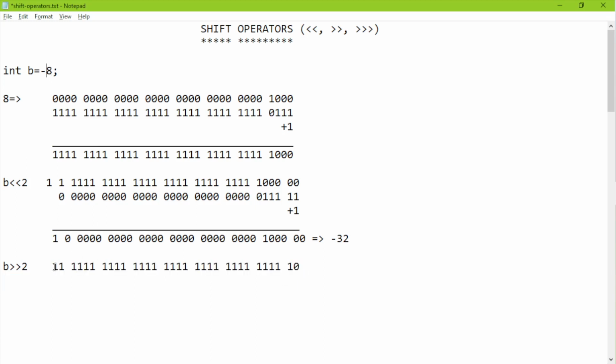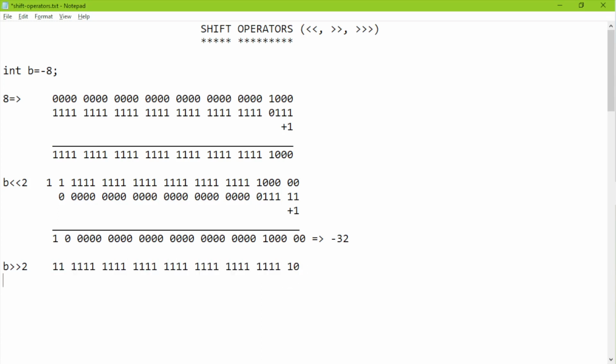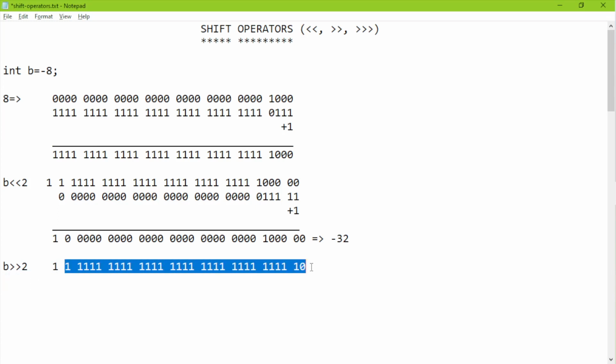This last bit is 1, so this is the negative value, and this is the binary representation. We have to convert it into the decimal value. So what we have to do is keep this 1 aside. This is the sign bit, and we have to take these bits and do the conversion.